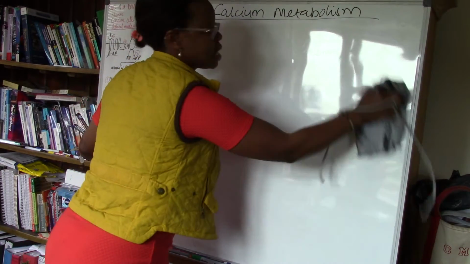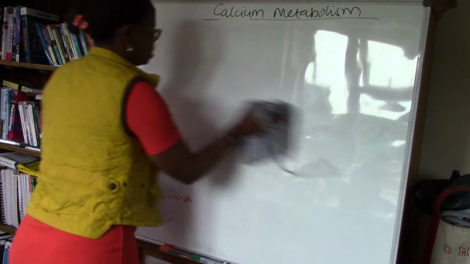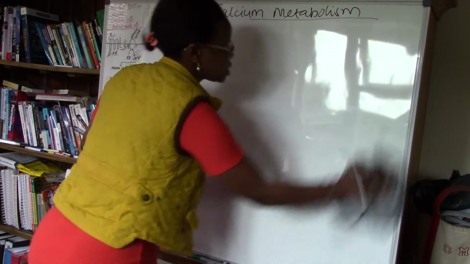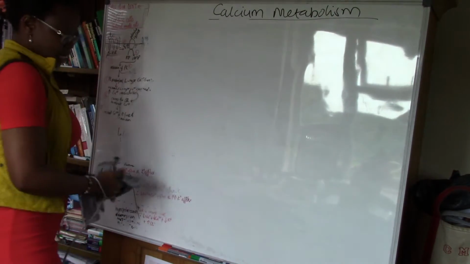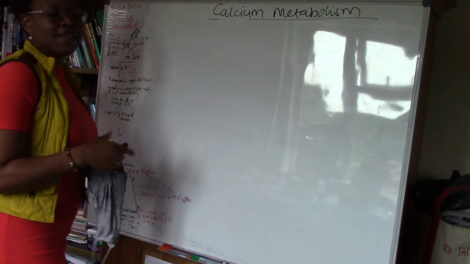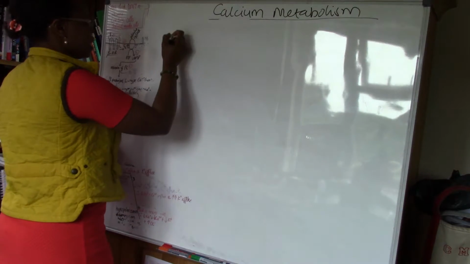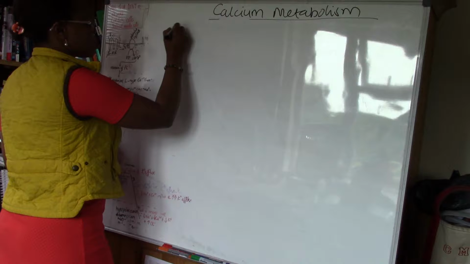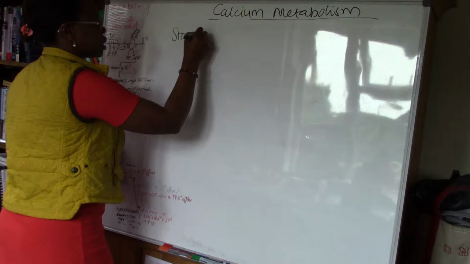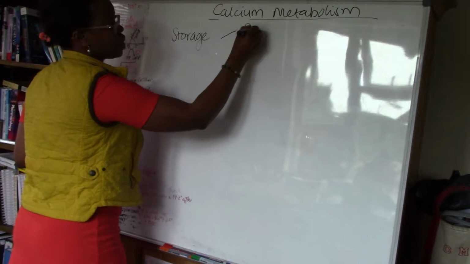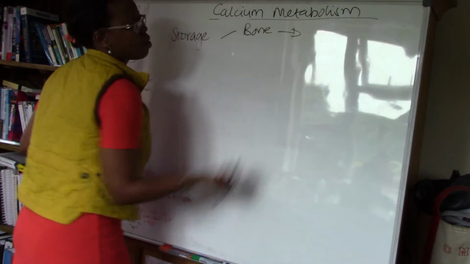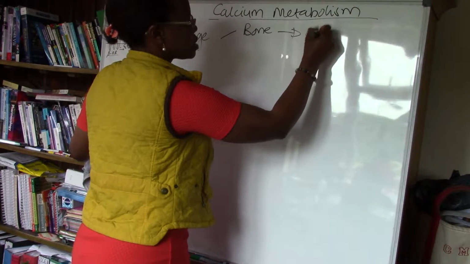And it is a coenzyme. I think that's the one that I forgot. It is a coenzyme for a lot of body processes, and it is mostly kept in storage, in the bone, where it's obviously kept as calcium phosphate.